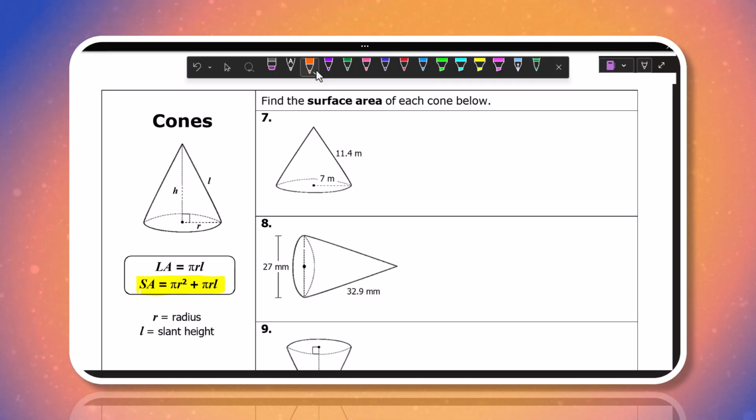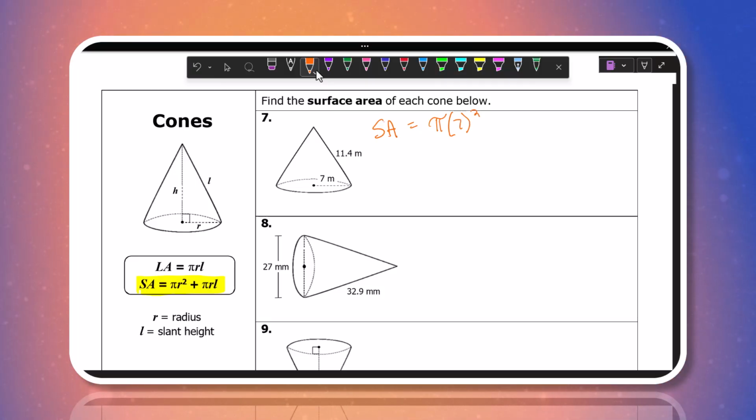So for number 7, surface area equals pi times the radius squared, which is the 7. Just has it marked there, nothing fancy, plus pi times our radius again, times our slant height, which is the 11.4.